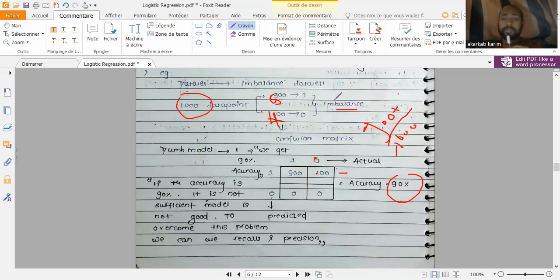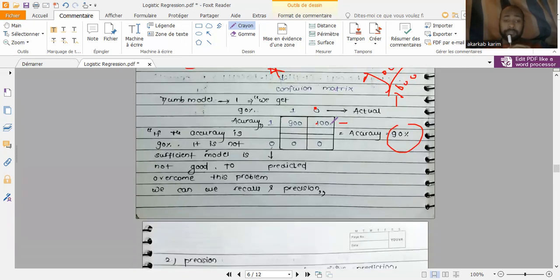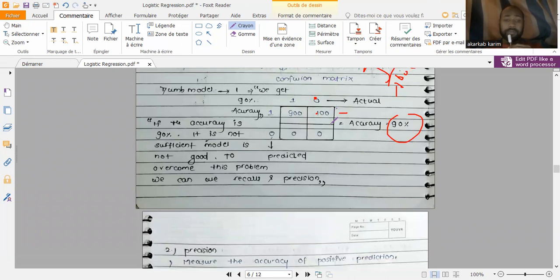It's not imbalanced. With the imbalanced model, it will not be sufficient because we have two classes, 1 and 0, and most of the time it will predict class 1. That will not be good for our model.